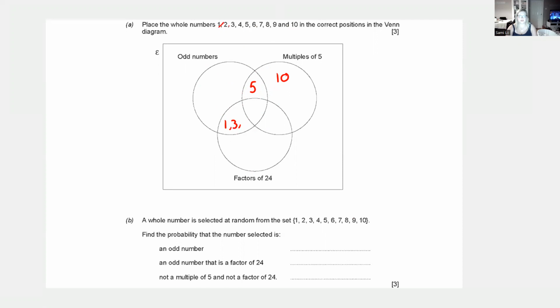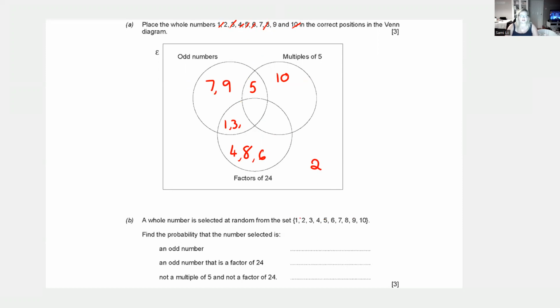I'm just going to cross them off as I go. 3, I've done 5, and I've done 10. 8 is, but it's not an odd number, so it just goes in by here. 4 again is in this section, and I didn't write 6, so 6 is also there. And 8 done, and then we just got 7 and 9 by there, and 2 on the outside.